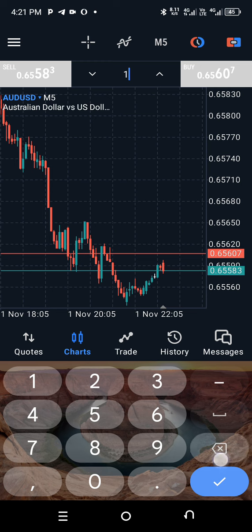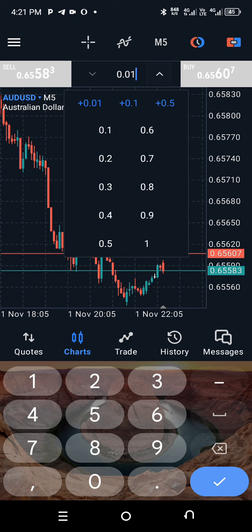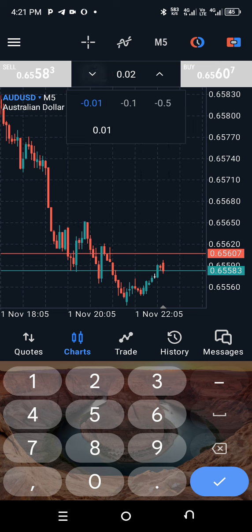But if I'm using 0.01, which is the lowest, you'll notice that the reduce icon is not present. If you want to increase, it's possible, but 0.01 is the lowest value you can reduce to.